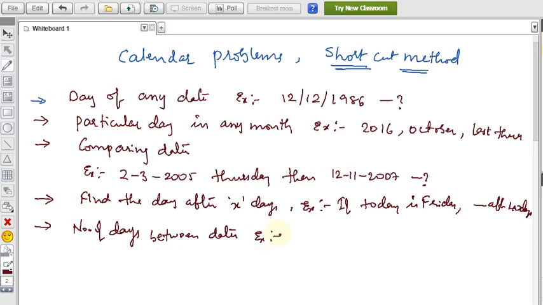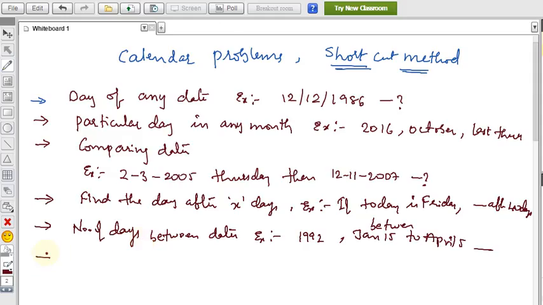For example, in the year 1992, from January 15th to April 5th, how many days are in between? We need to find out the number of days. This is one more type of questions.